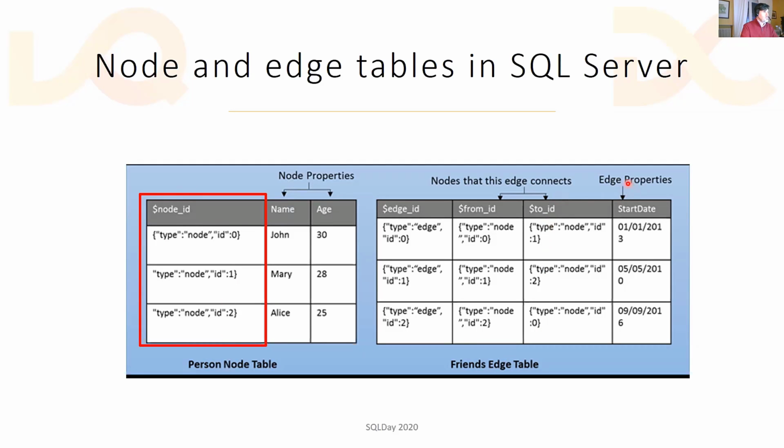Then, when we have the edge, it is just a relationship between persons. In this case, it's friends of. So I have John, I have Mary, and I have Alice. And John is a friend of Mary, and Mary is a friend of Alice, and so on.